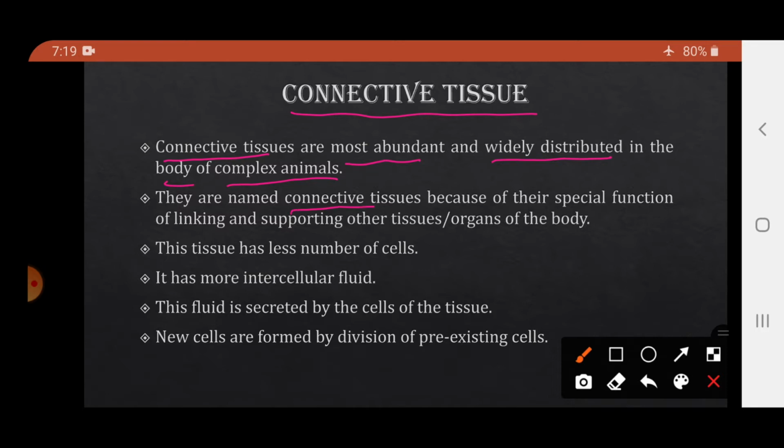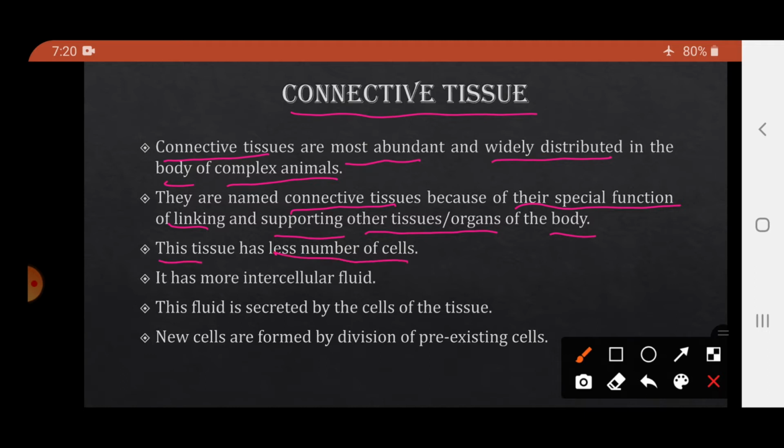They are named connective tissues because of their special function of linking and supporting the other tissues or organs of the body. Now, why are they called connective tissue? The main reason is their important function is to link, to connect and support the other organs or other tissues of the body.